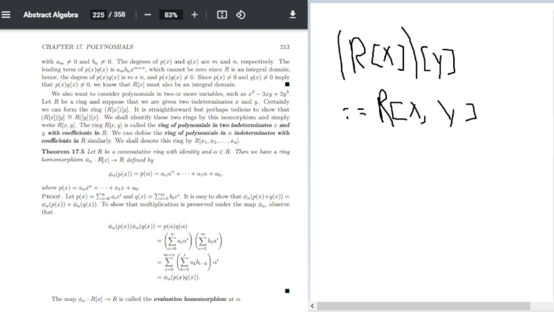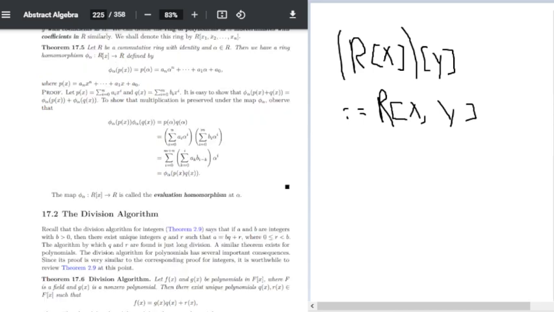So proof. Let p of x be equal to the sum from i equals 0 to n, a sub i x to the i, and q of x be equal to the sum from i equals 0 to m, b sub i x to the i. It is easy to show that phi sub alpha of p of x plus q of x is equal to phi sub alpha of p of x plus phi sub alpha of q of x.